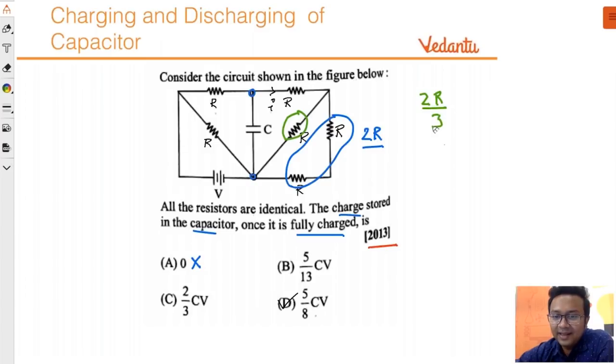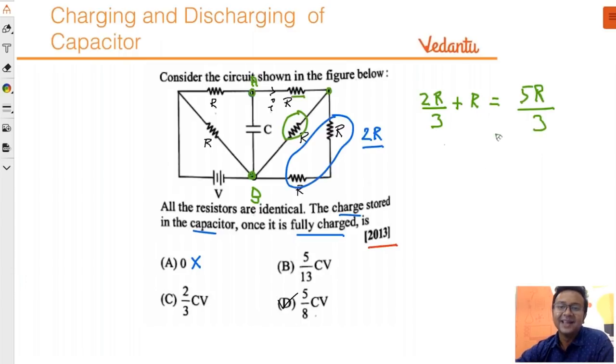And after that, across these two ends, this R is connected in series with this entire combination. That means I have my net equivalent resistance across point A and point B equal to 2R by 3 plus R. Then students, what is the net equivalent resistance? It is nothing but 5R divided by 3.